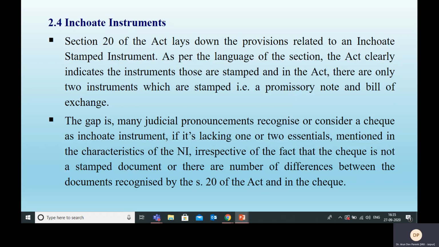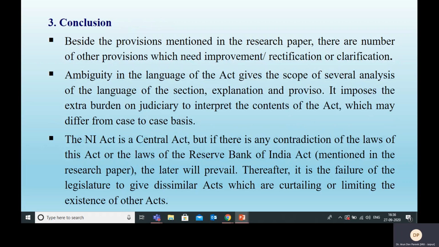The gap is that many judicial pronouncements consider a cheque as an inchoate instrument if it is lacking one or two essentials mentioned in the characteristics of negotiable instruments, irrespective of the fact that the cheque is not a stamped document, and there are a number of differences between the documents recognized by section 20 of the Act and the cheque.